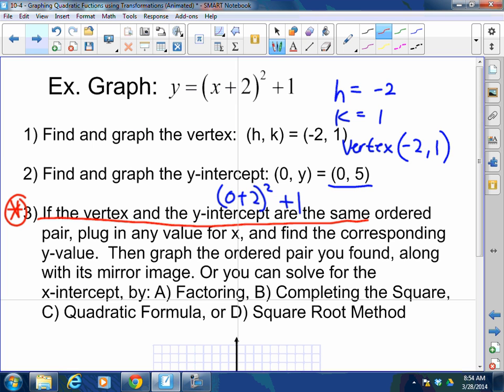Or if I tell you to solve by graphing. But 90% of the time, they're not going to ask you to solve by graphing, even on the SAT. They're going to say graph this. Find the domain, find the range, find the vertex. They'll say find the axis of symmetry. But not too often are they going to say to solve it.